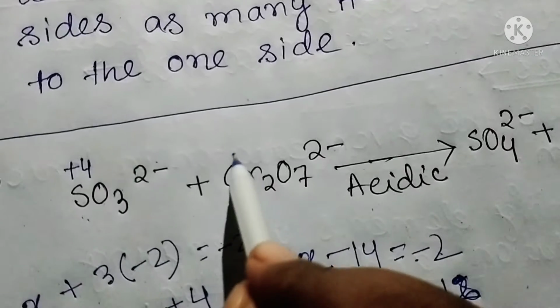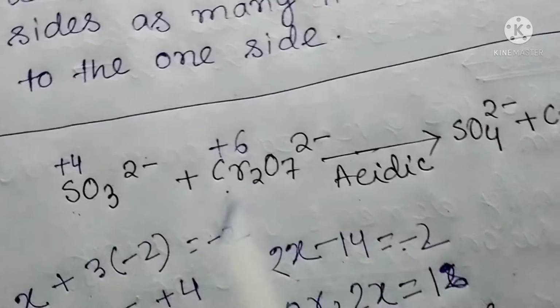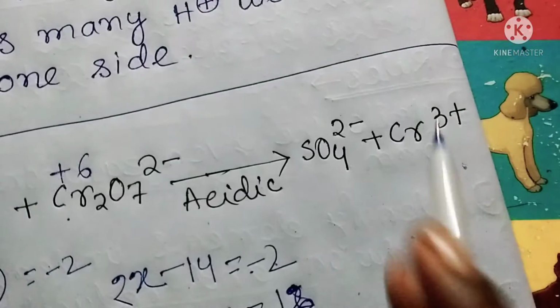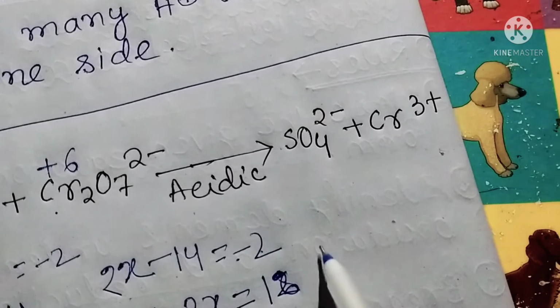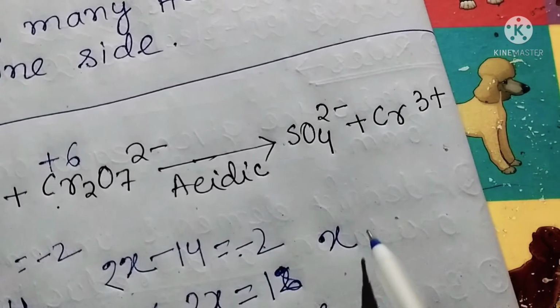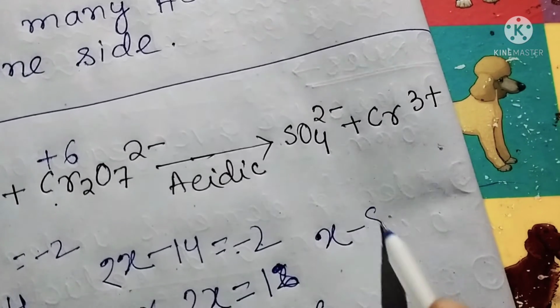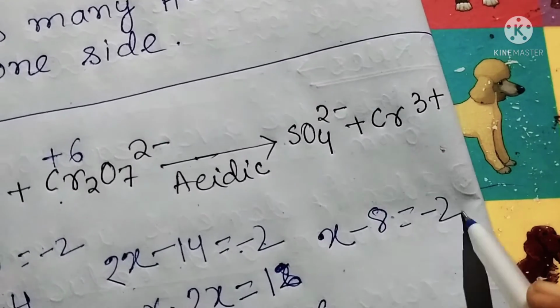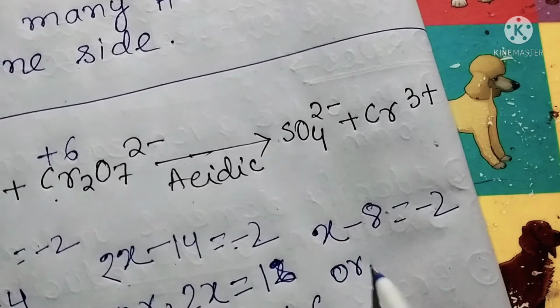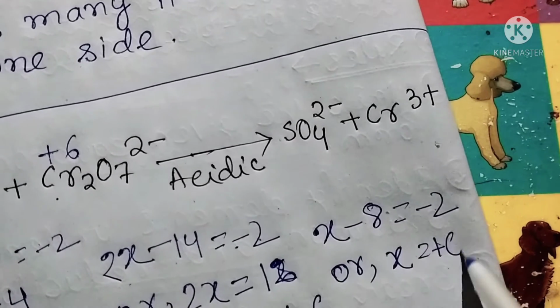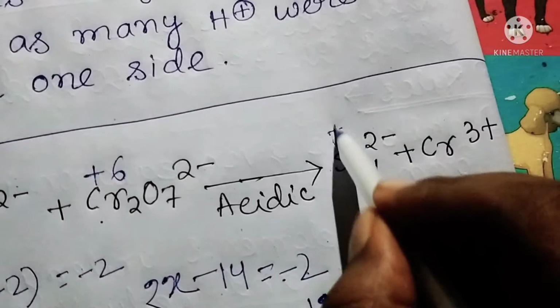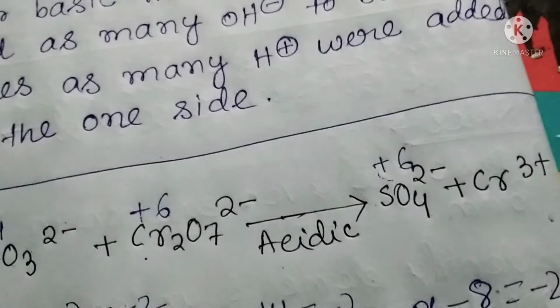The oxidation state of chromium is plus 6. Here, the oxidation state of sulfur is X, X minus 8 equals minus 2, or X equals plus 6. So this is also plus 6.